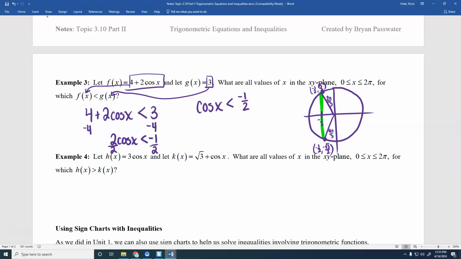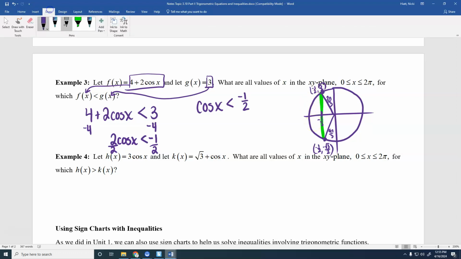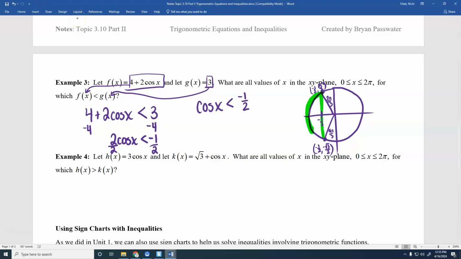Will those x-coordinates be less than negative 1/2 on the left of that line or on the right of that line? Okay, the left side, right? So on the left side, all your x values are going to be less than negative 1/2. So that is going to be this part of the unit circle.